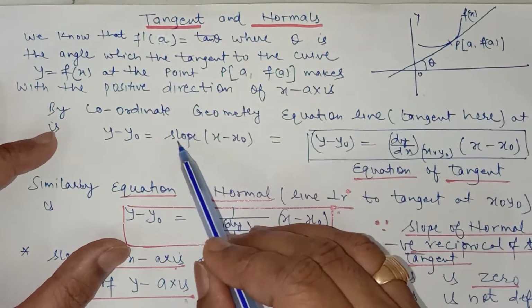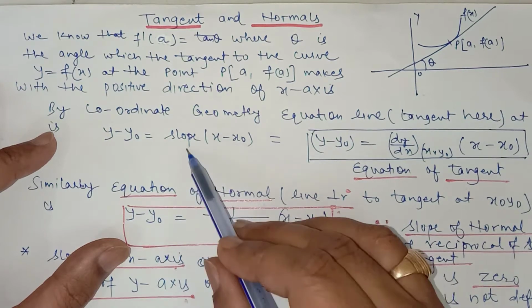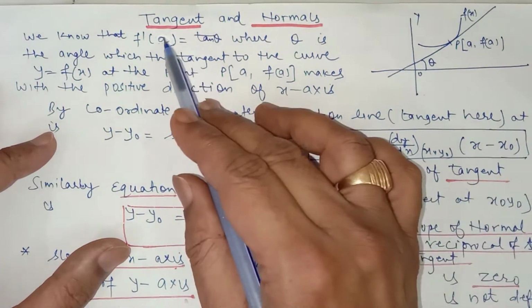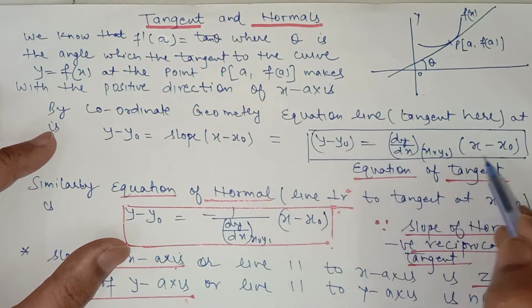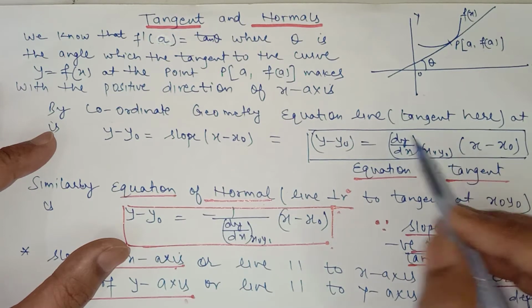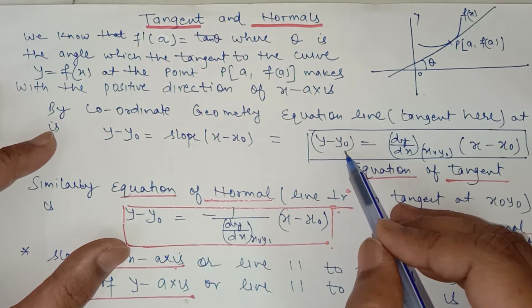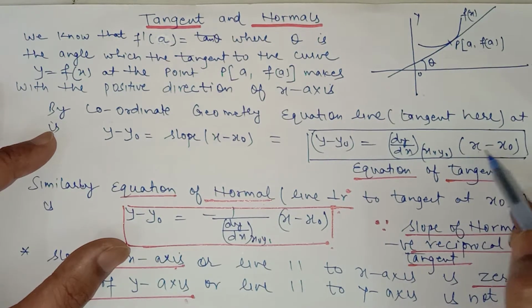The slope here is the slope of the tangent, because the line here is the tangent. So the slope of the tangent is dy/dx at the point (x naught, y naught). So this is the equation of the tangent at the point (x naught, y naught): y minus y naught is equal to dy/dx at (x naught, y naught) into (x minus x naught). This is the equation of the tangent.